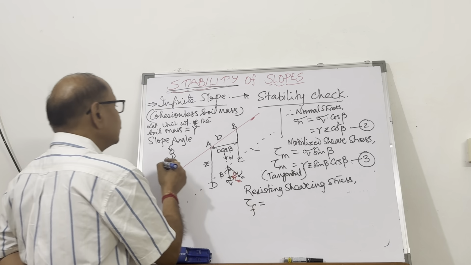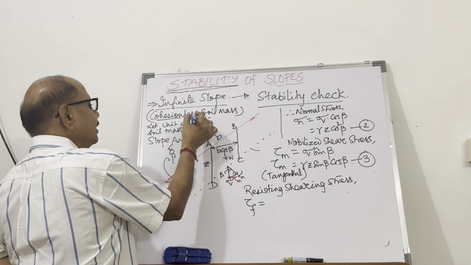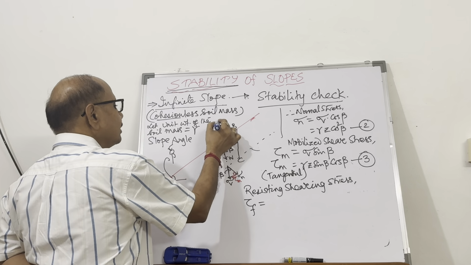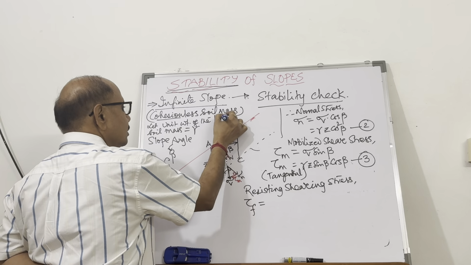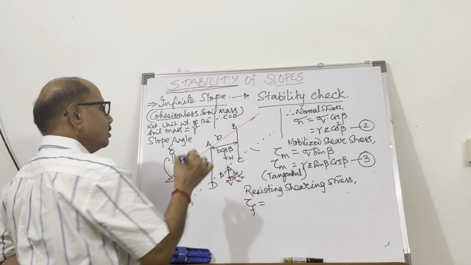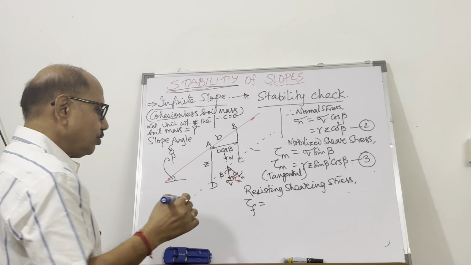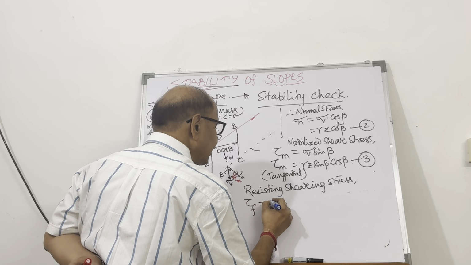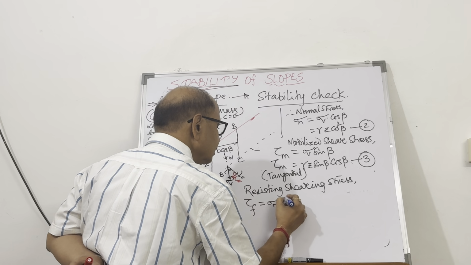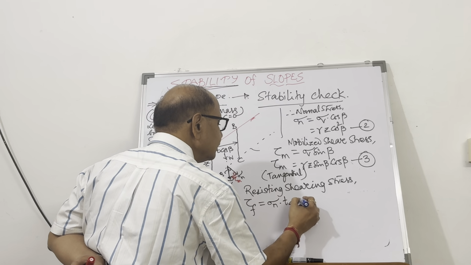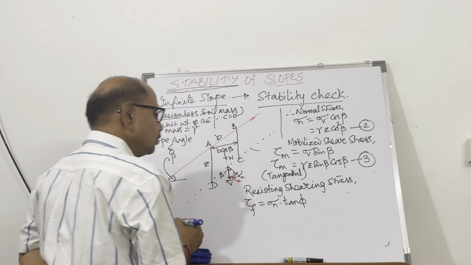C is 0 because it is a cohesionless soil mass, and therefore the cohesion will be 0. So this will be sigma n into tan phi, tau f.